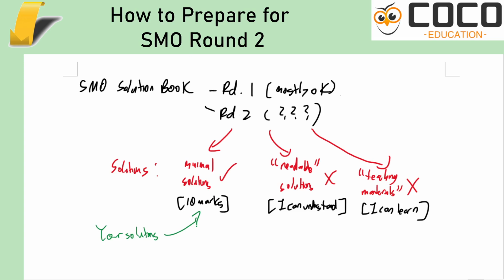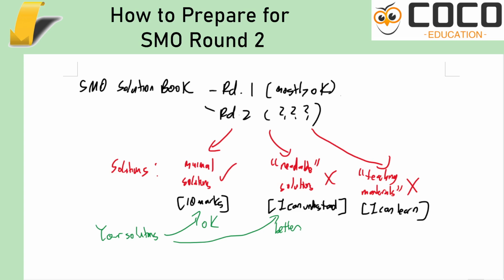Your solutions can be minimal, but I would still suggest that you try to make them readable, because if you made them readable and there was some small error, you'll be probably fine. If you made them just minimal, which means very few details, and you were wrong, you probably don't get very many marks, because the person reading it truly has no idea what you're doing.